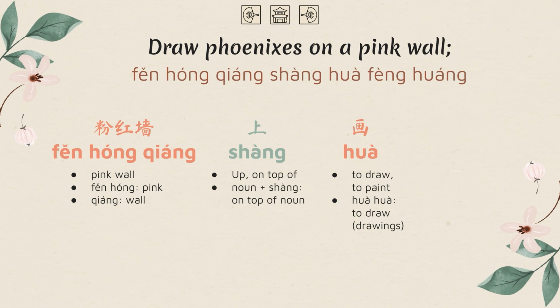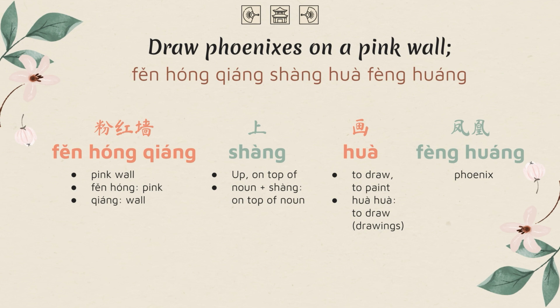But if you use 画 separately as a verb, you can put a noun after it to mean to draw something. So in this case, we're drawing phoenixes. 凤凰. So the U in the middle is kind of like a W sound. 凤凰.